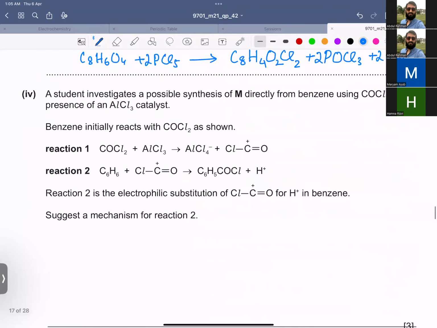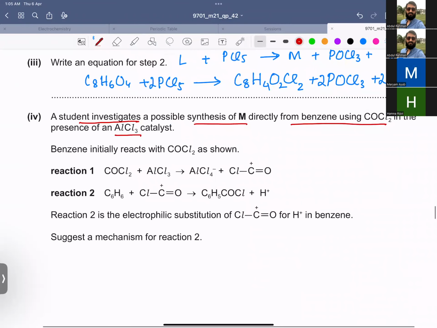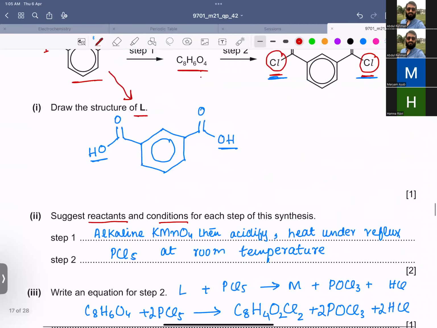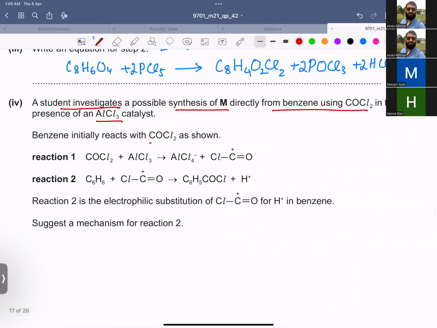Okay. Next part. A student investigates a possible synthesis of M directly from benzene using COCl2 in the presence of AlCl3 catalyst. It is related to the electrophilic substitution of benzene. Benzene initially reacts with COCl2 as shown in reaction 1.